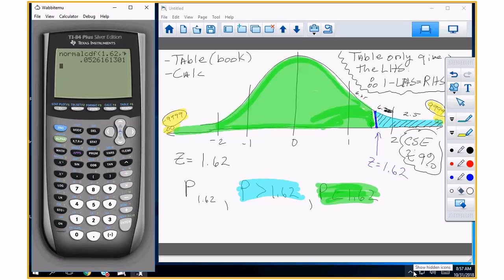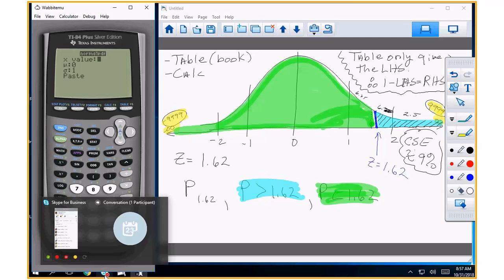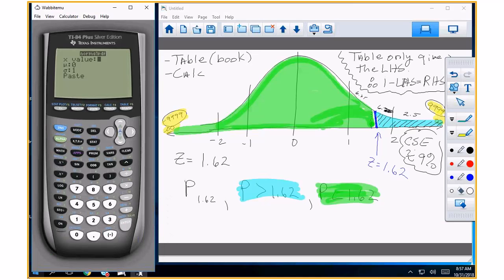That was normal CDF. Let me do second bars normal PDF. X value. Yeah, that's not it. It's normal CDF because this is only asking for one x value. I'm going to do 1.62, but that's not going to be right. Paste.